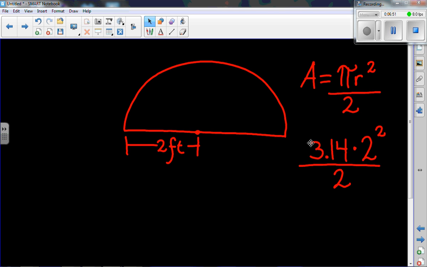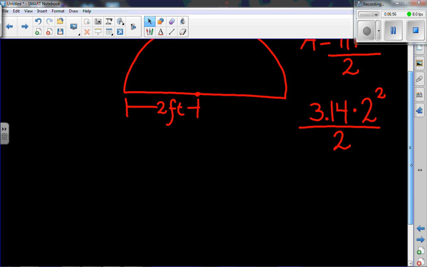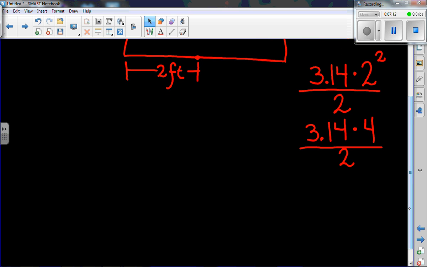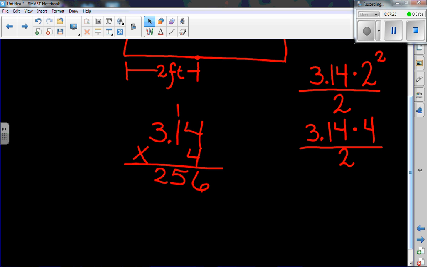Now we use order of operations and solve the problem. First, we have to square the 2, so 3.14 times 4, divided by 2. Continuing to solve, 3.14 times 4 gives us 12.56.